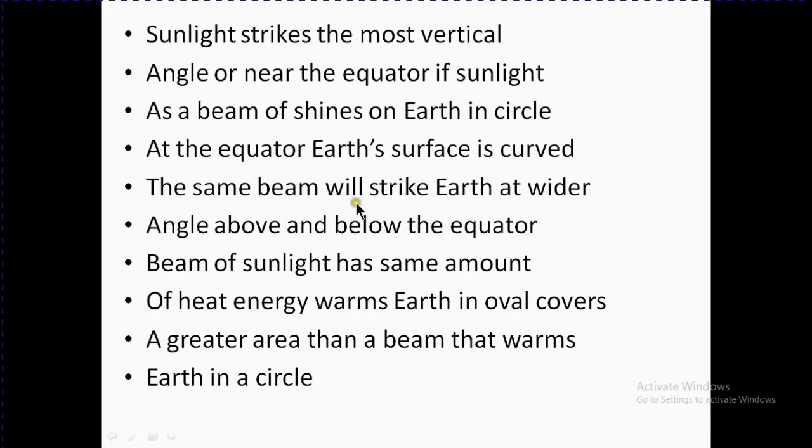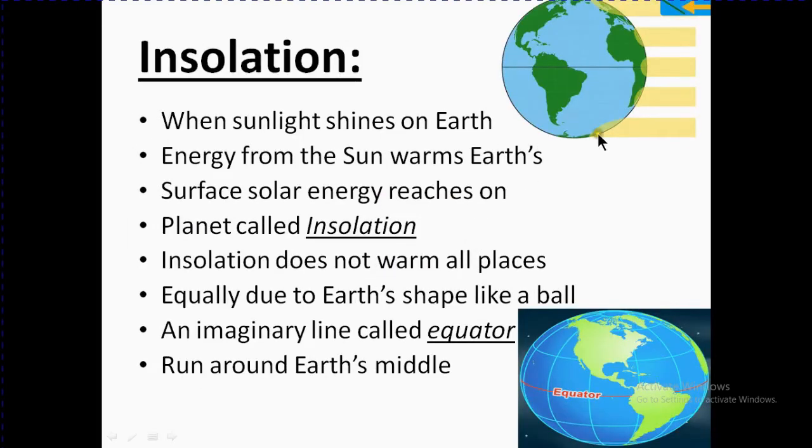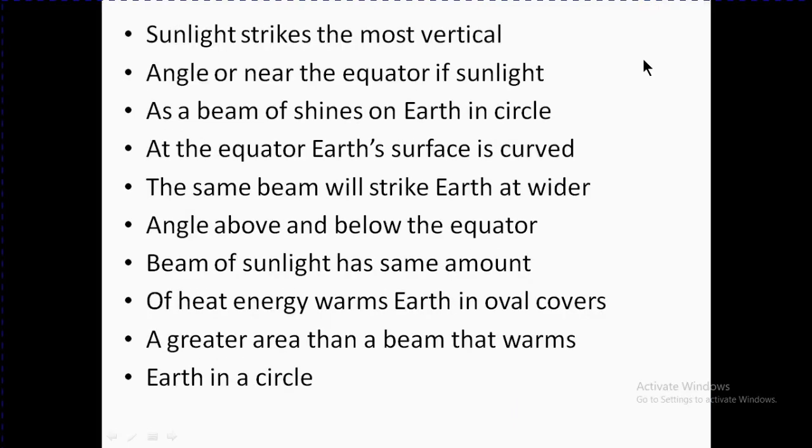The same beam will strike Earth at a wider angle above and below the equator. You can see here, this is the equator. If the rays come up and down, above and below, they make a wider angle compared to the equator. So it's very easy to understand now.